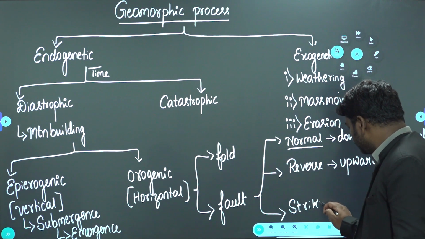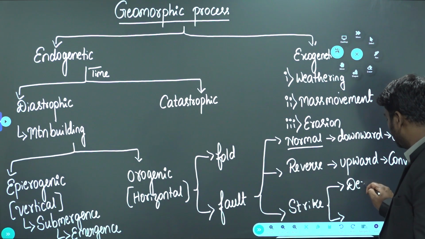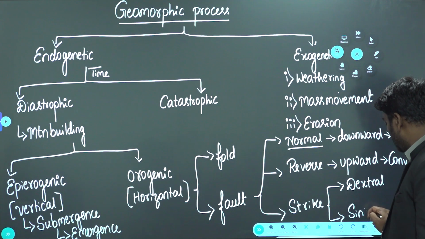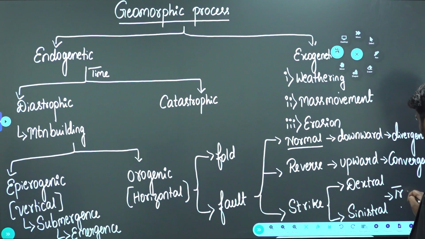Strike slip, which is divided into right side is dextral, left side is sinistral, associated with transform boundary. These words you should remember.